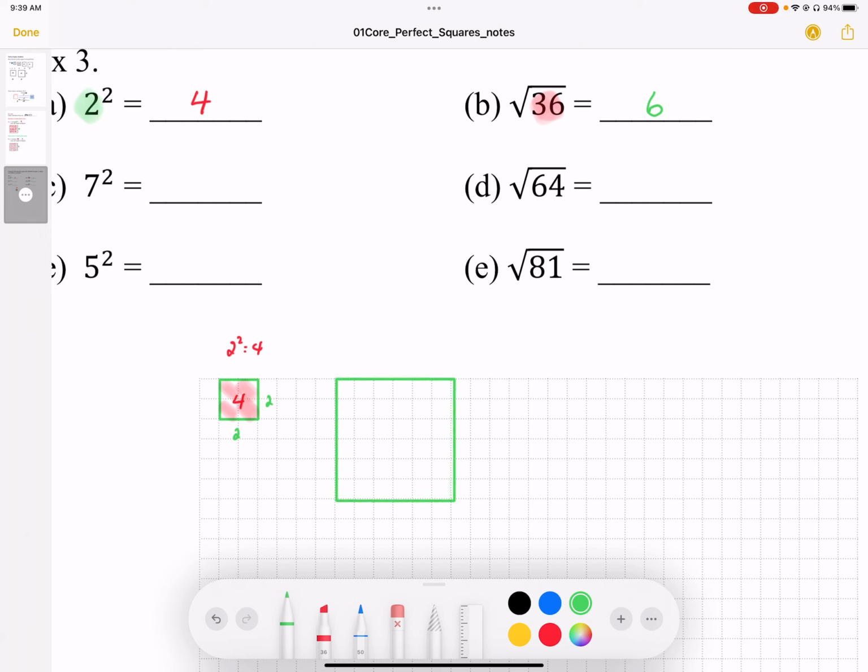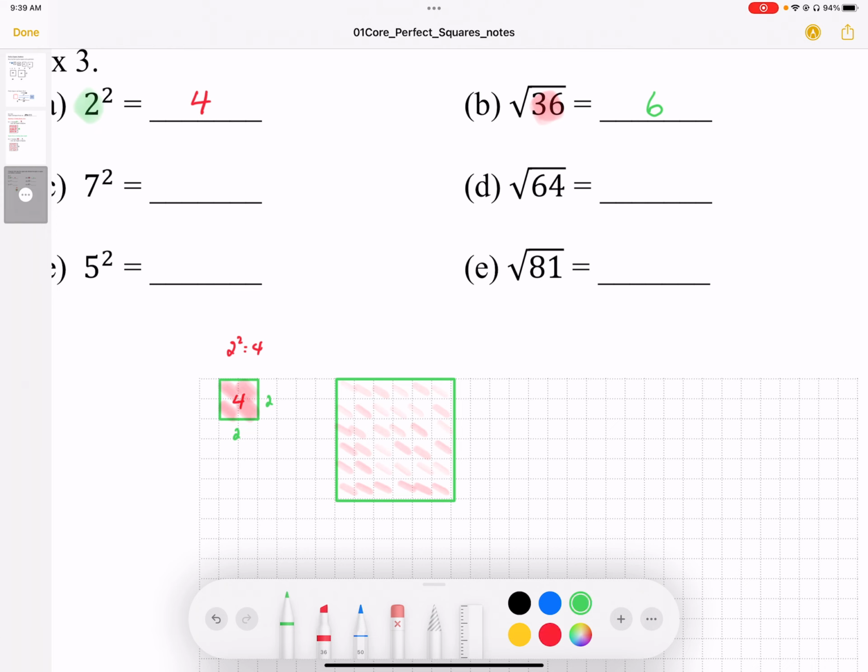So if I want 36 squares, there's going to be 36 squares inside that grid. 1, 2, 3, 4, 5, 6, up to 36. There are 36 squares. That's what the 36 represents. It's the number of squares.